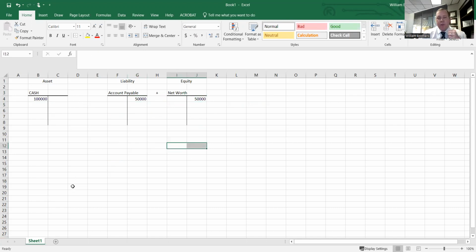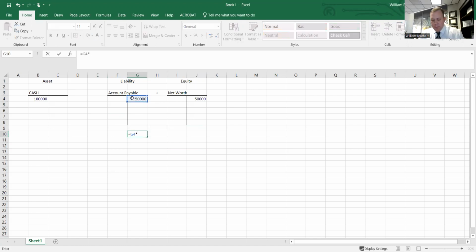So I've got 100,000 in cash. Let's say then that I make the decision that I'm going to pay off 10% of the debt that I owe. Well, 10% of 50,000 is 5,000. So if I was going to illustrate that, I'm going to show a $5,000 credit entry on the asset side and a $5,000 debit entry on the liability side.